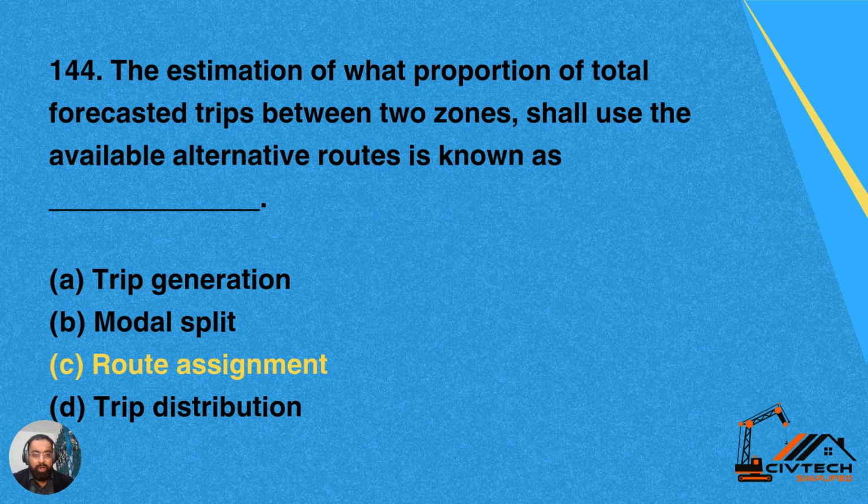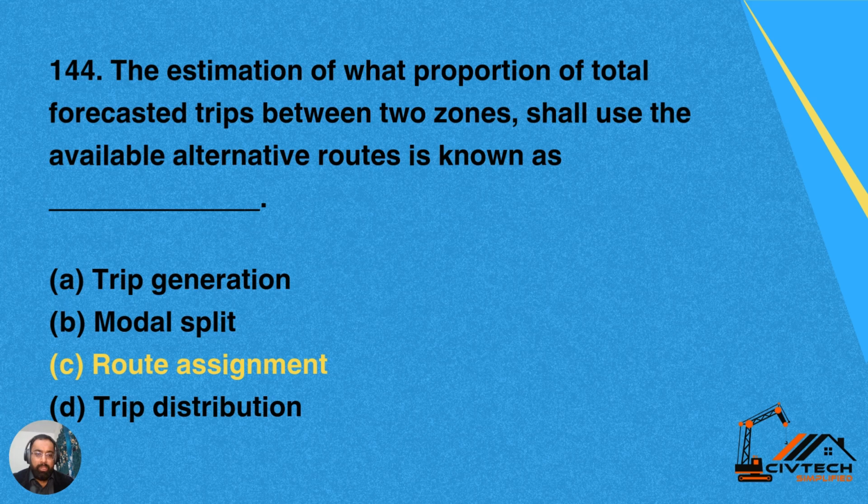144. The estimation of what proportion of total forecasted trips between two zones shall use the available alternative routes is known as option A, trip generation, option B, modal split, option C, route assignment, option D, trip distribution.